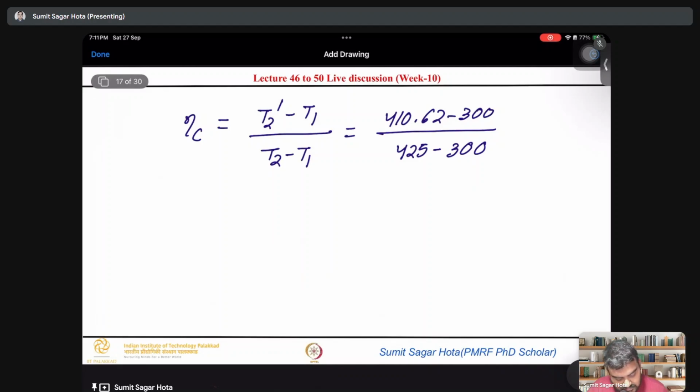This is equal to 0.885, or 88.5 percent.